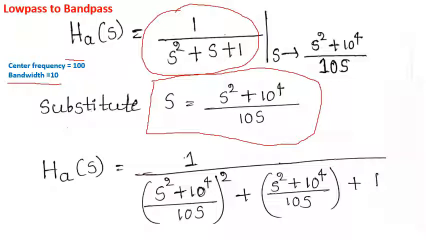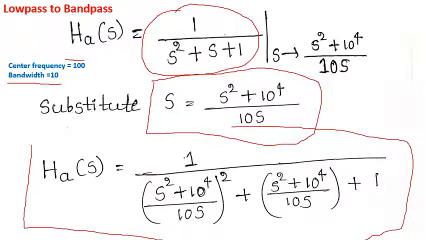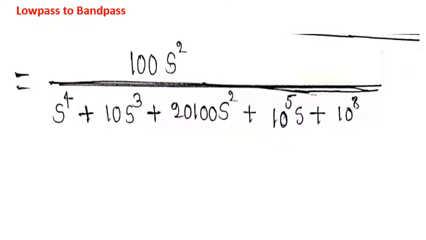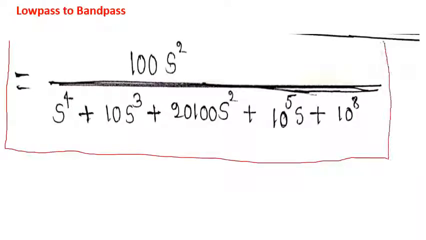After substituting and simplifying, we get this as the transfer function for the required band pass filter.